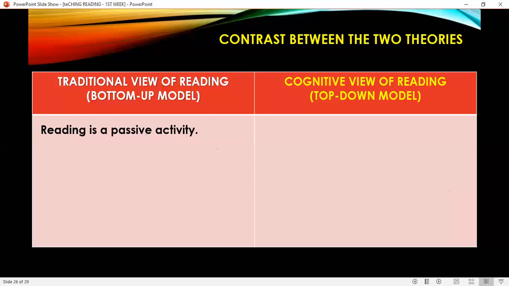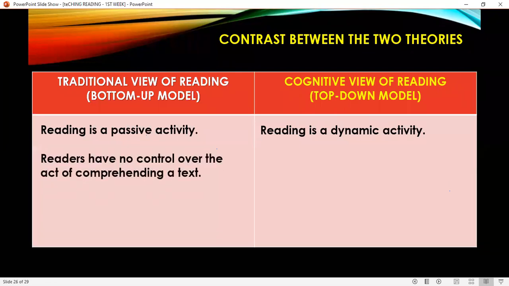That's why it's passive. But in the cognitive, reading is a dynamic activity. It's not passive because the reader contrasts what he knows, what she knows, and what the text says, and makes hypotheses, infers, all right, and so on.